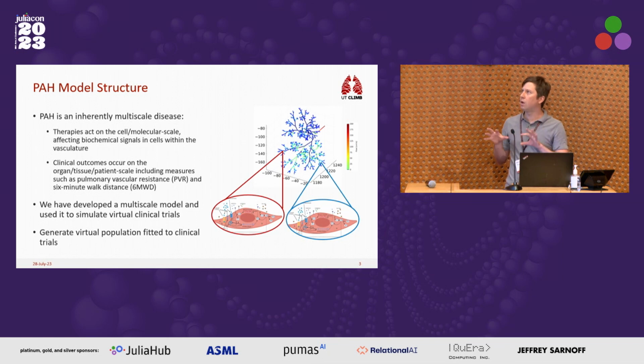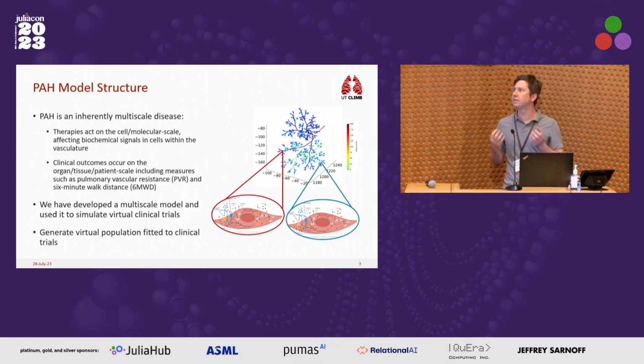So now a little bit on our model structure. PAH is inherently a multi-scale problem. All three classes of therapies I just talked about act on the cellular scale. They bind receptors, they change cell behavior, which ultimately changes disease progression. But all the clinical outcomes, the things you actually look at in a trial, happen on the organ scale or the patient scale.